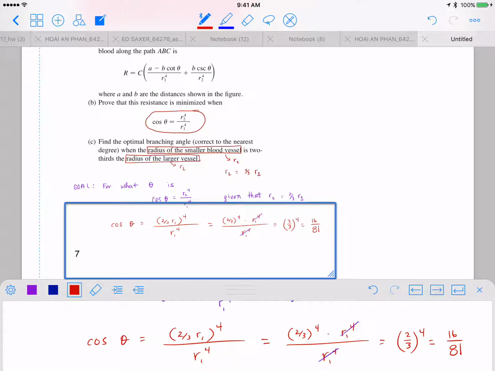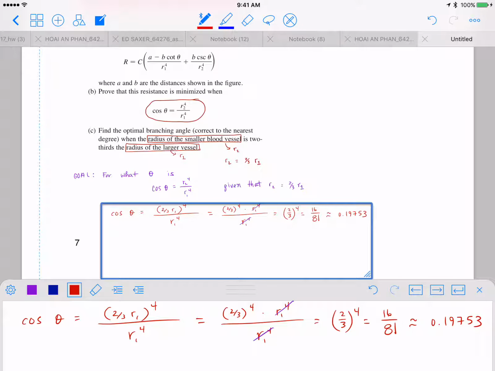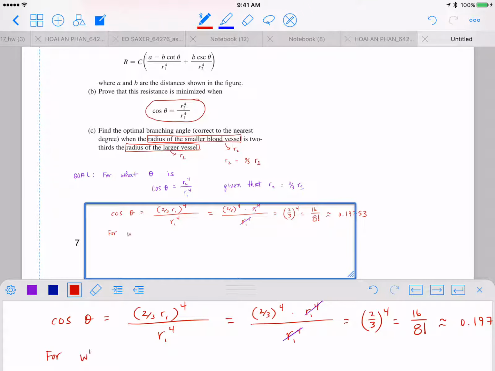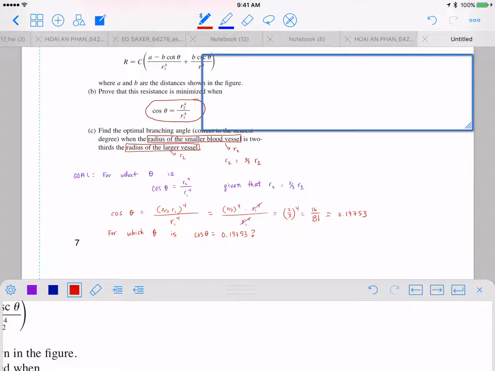And now 16 divided by 81 is approximately 0.19753. So we need to find for which theta is cosine of theta equal to 0.19753. Okay, so I'm going to go up here to the side, and if we're trying to solve for theta, cosine theta equals 0.19753.